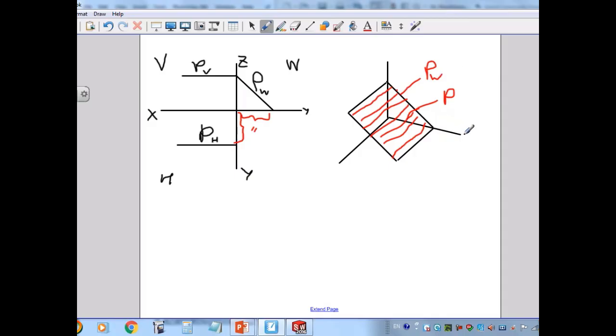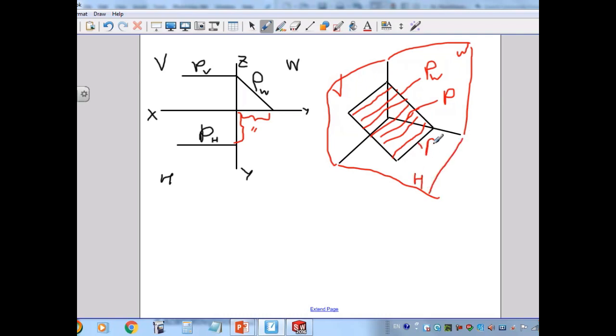This is the W plane, and this one is the V plane. So the front plane, and that is the horizontal plane. So this one is PH, and that one is PV.